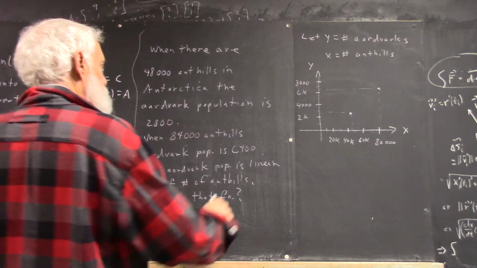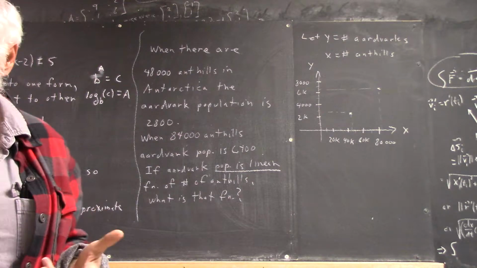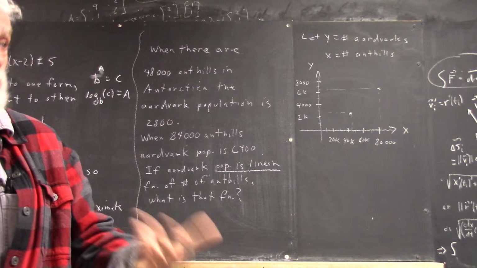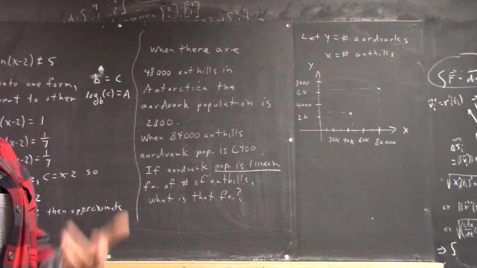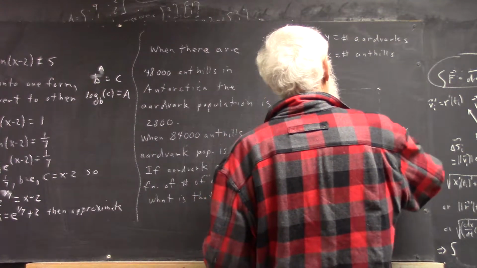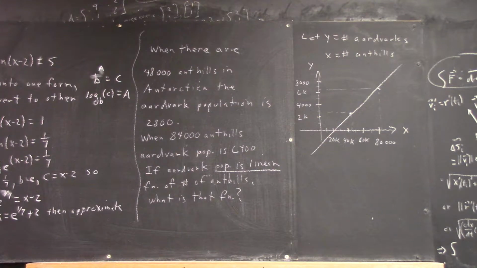Now, it's important that I said aardvark population is linear, right? Which means what? Straight line. Means your graph is a straight line, right? It's important to understand that. So now we can sketch a straight line through the points and get its equation, right?